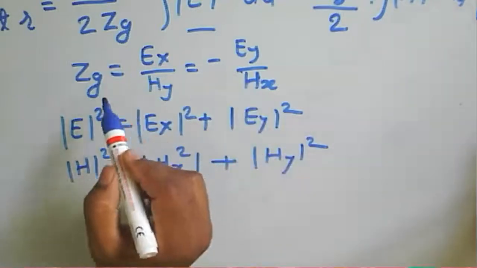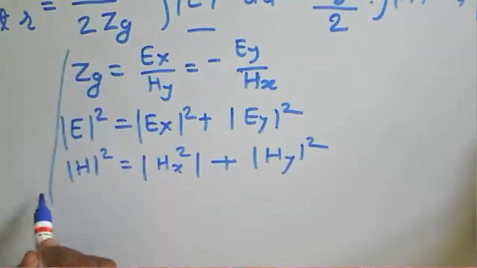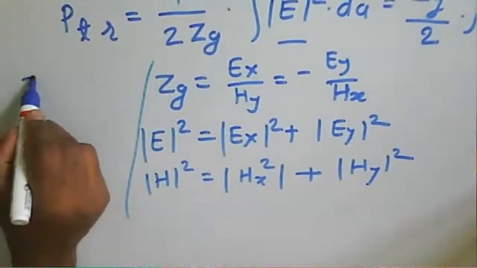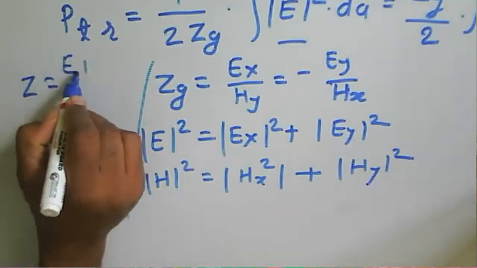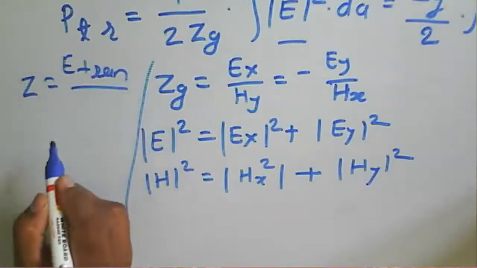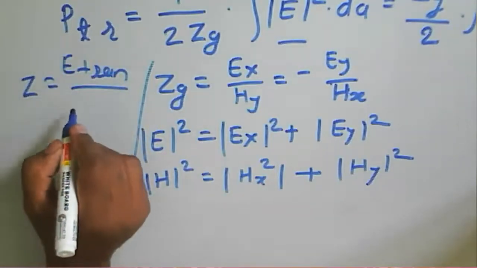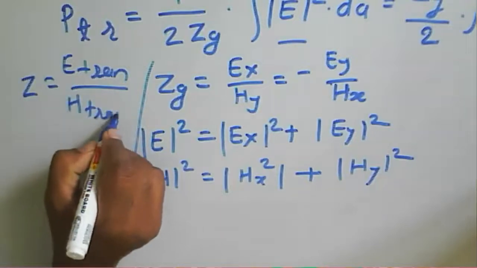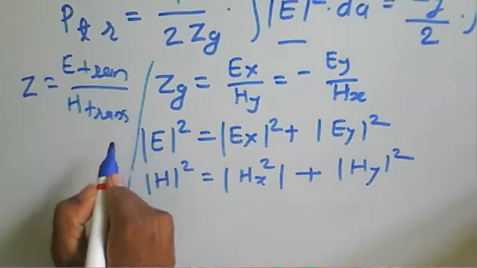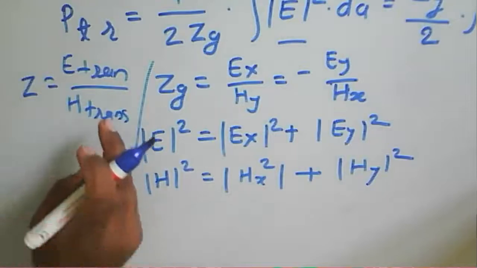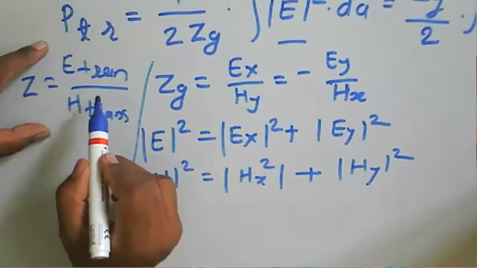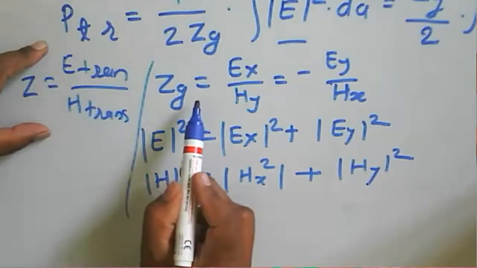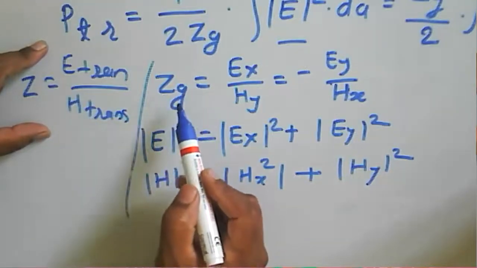Now generally this Z is nothing but, if we see the equation of Z here, it is nothing but the ratio of the transmitted component of the electric field and the magnetic field, E trans by H trans. So once we know which field component is transmitted, then according to that we will get that Zg here.